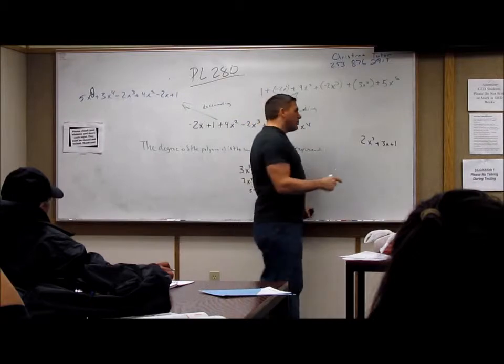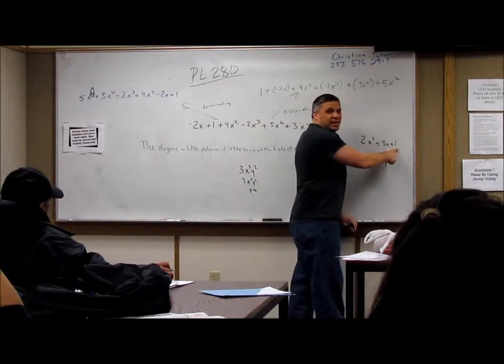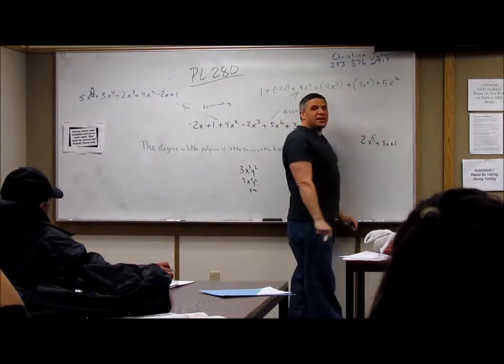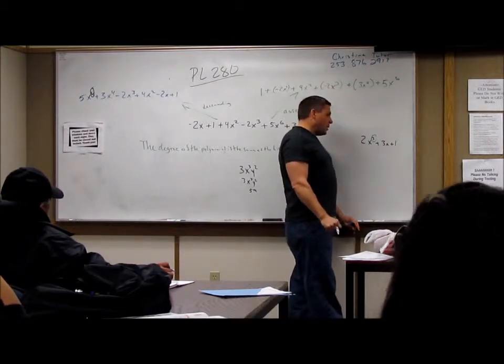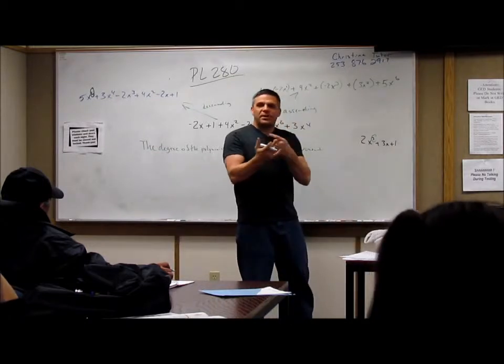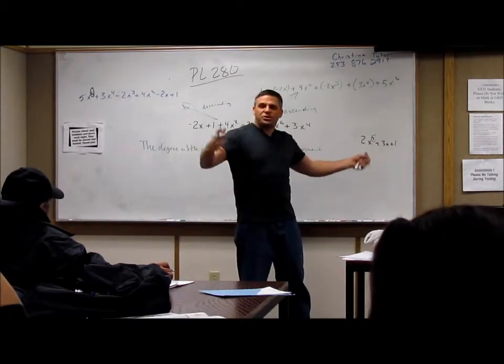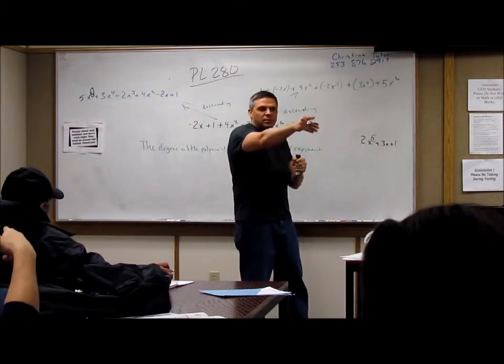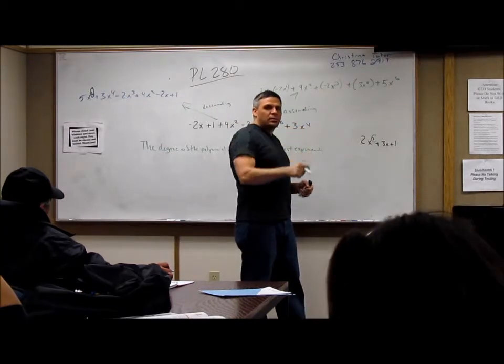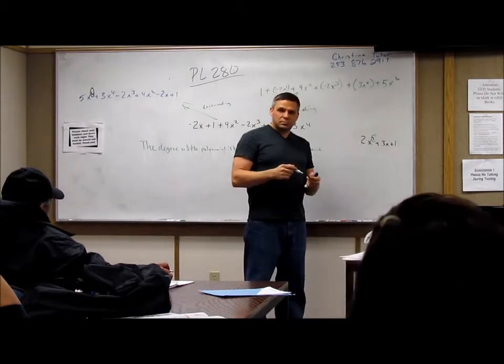It's not a 3rd degree because of how many pieces. It's a 3rd degree because of this number. So you could have had plus 1 minus 3 times whatever. They have to have different pieces, not like terms. Once you have like terms, you have to collect all the like terms. You could have added another section on there without an exponent and it would still have been 3rd degree.